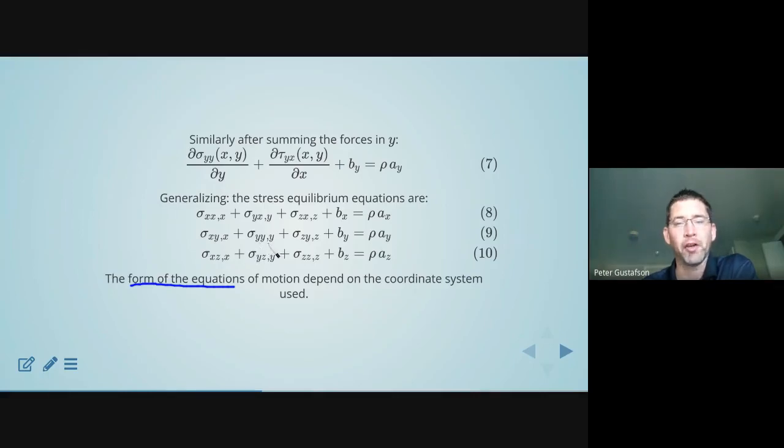We'll think about it in a 2-dimensional world. It's just easier. So I'm just going to cross this one out, and I'm going to cross this one out, and I'm going to cross this whole equation out. So just look at this 2-dimensional equation. Sigma xx comma x plus sigma yx comma y plus the body force is equal to rho times Ax.